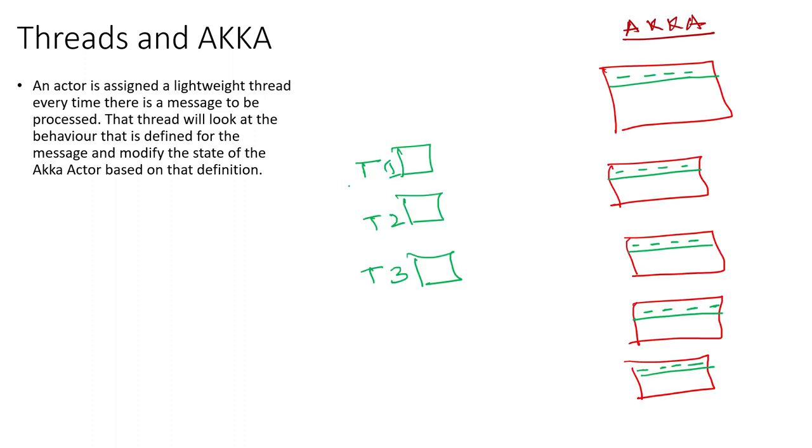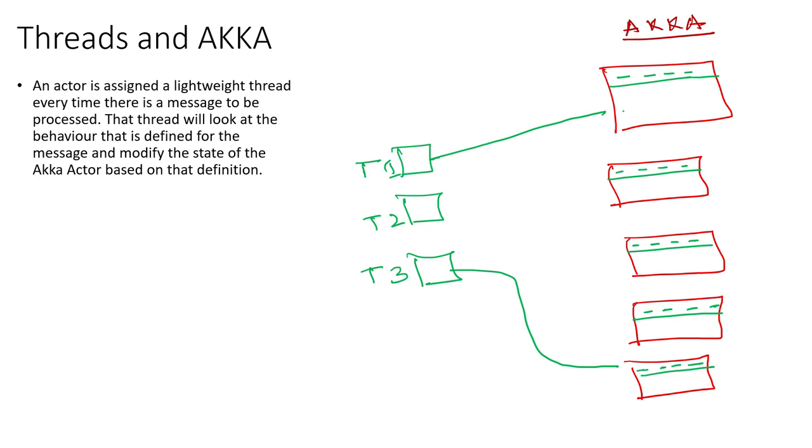Okay, threads and Akka. An actor is assigned a lightweight thread every time there is a message to be processed. That thread will look at the behavior that is defined for the message and modify the state of the actor based on that definition. We have different Akka objects, as we can see here, and these green lines are the messages which each Akka object contains, and these different Akka objects are handled by the threads.